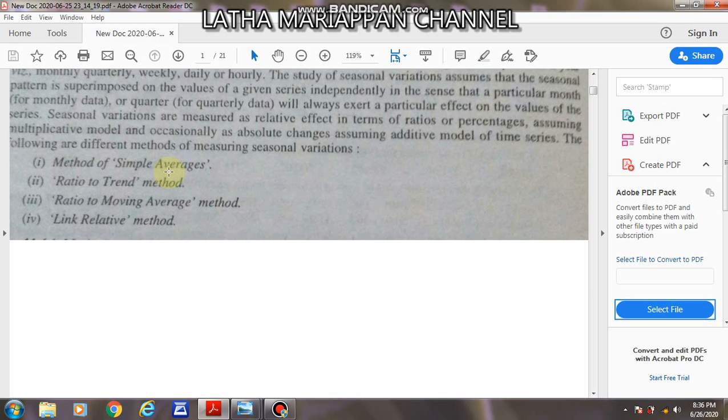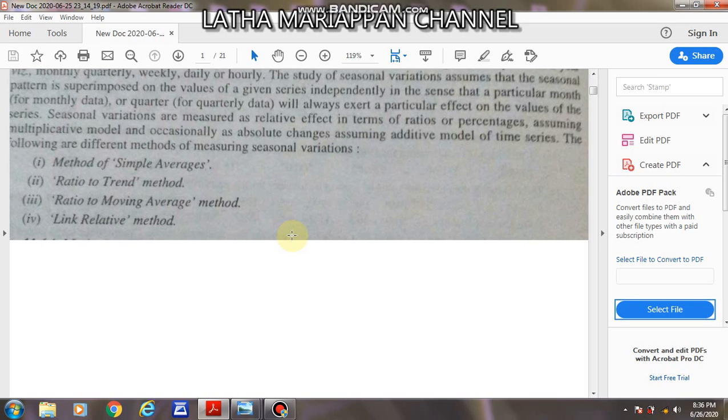They will give sales details; add the sales and divide by the total number of years or months, and you get the average sales of the particular year or month. Based on that you predict your future. That is called the simple average method.